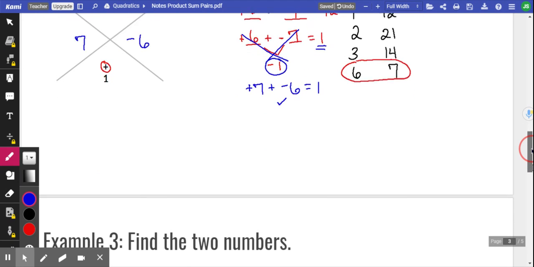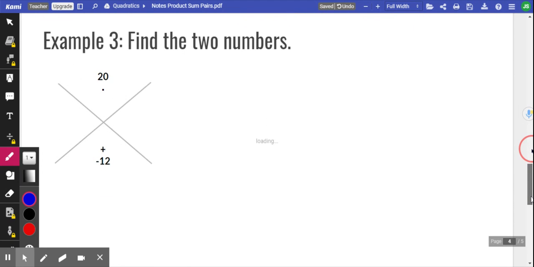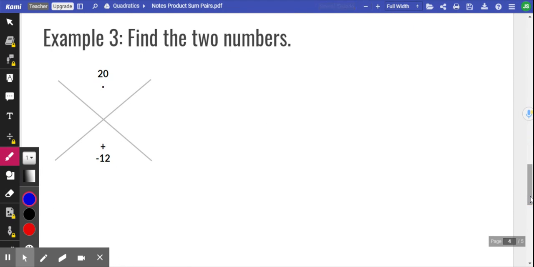Okay, let's look at our third one here. This time we're multiplying to be 20, and we're adding to be negative 12. So first thing, just like we started the first two, we're going to think about what multiplies to give us 20.